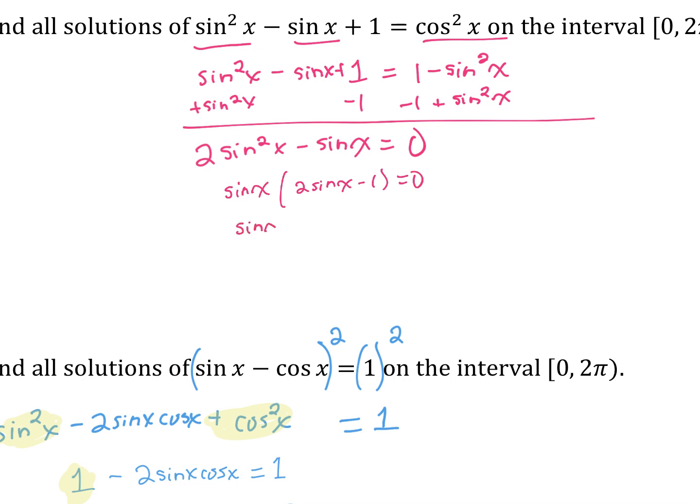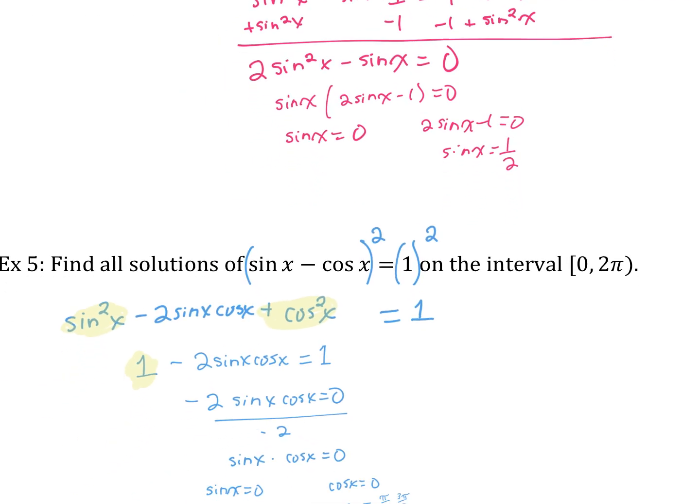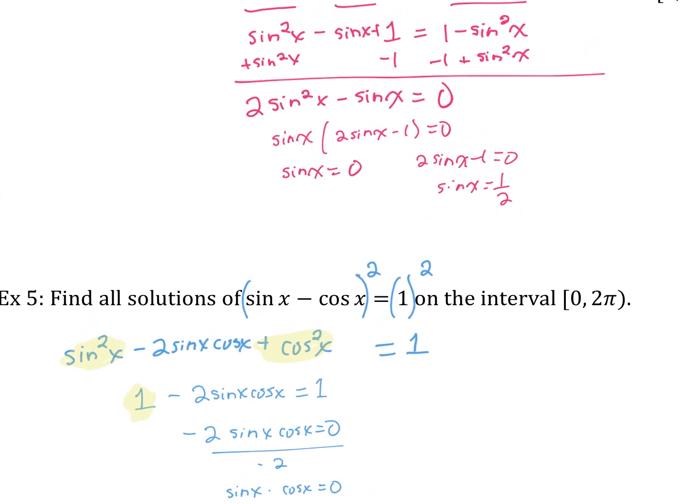So sine of x equals 0. And 2 sine of x minus 1 equals 0, so we get sine of x equals 1/2. I'm writing fast, so that's messy. Sorry. All right, so we're looking at where sine of x is equal to 0. 0 and pi.